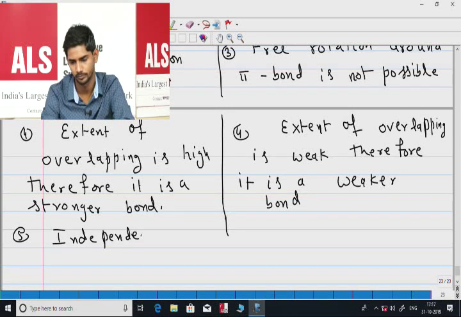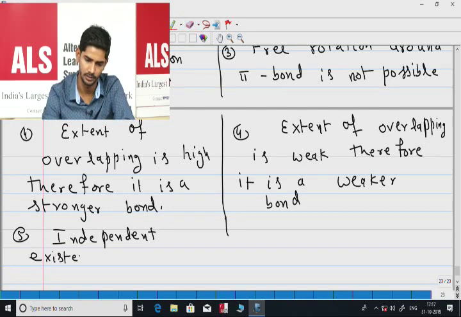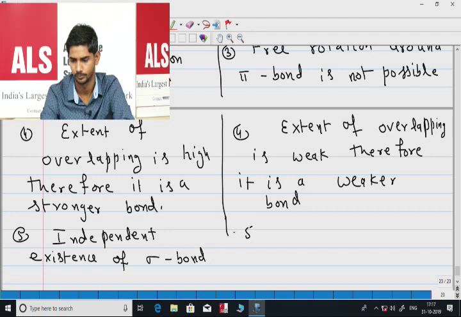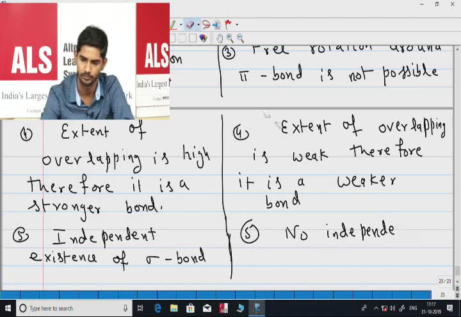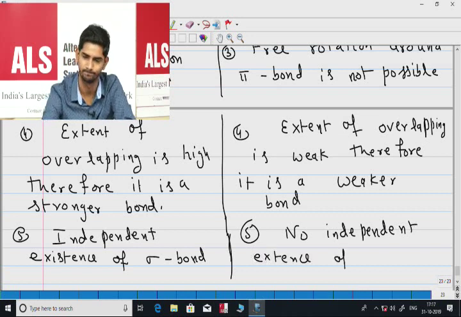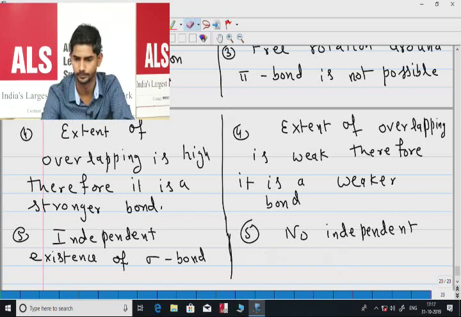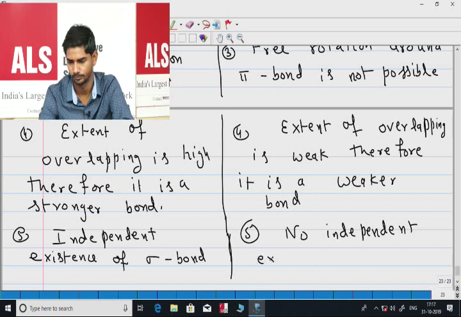Independent existence of sigma bond. And here, no independent existence of pi bond.